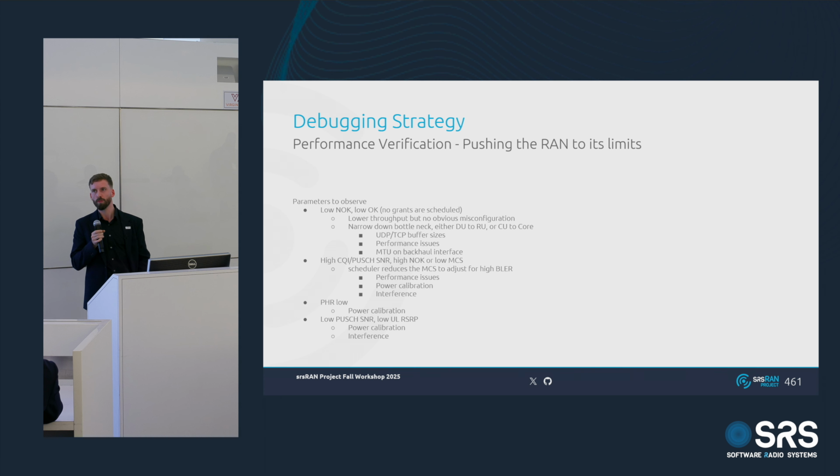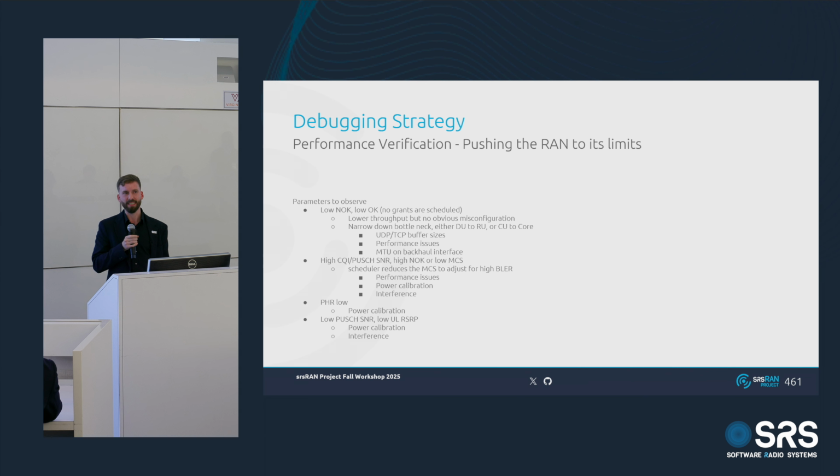So what do we want to observe? What are we doing when we are looking at this? One scenario could be that we have low retransmissions, which are called NOK in our gNB console, low OK, which are the transmitted packets. This would mean that there is a low throughput, for example. This could be due to buffer sizes, either TCP or UDP.